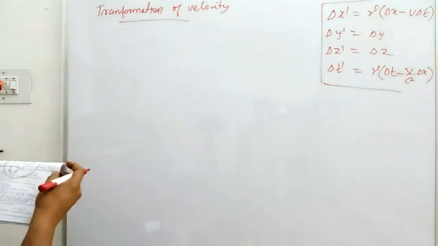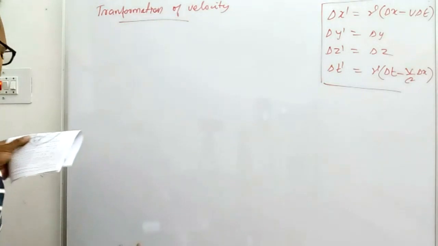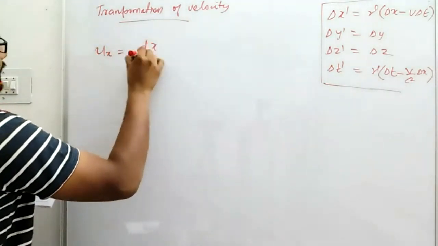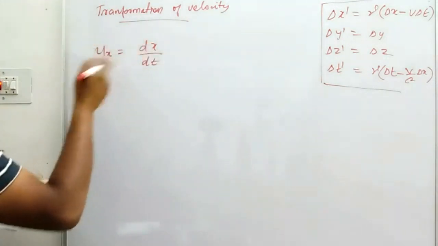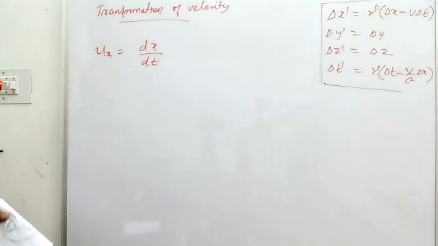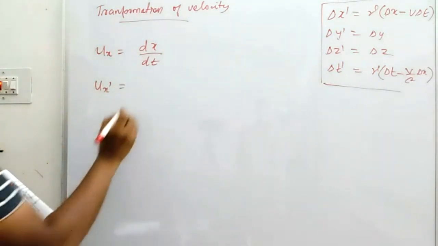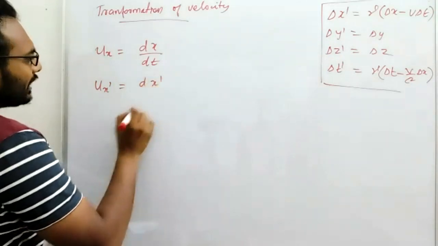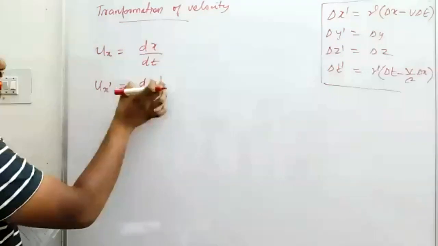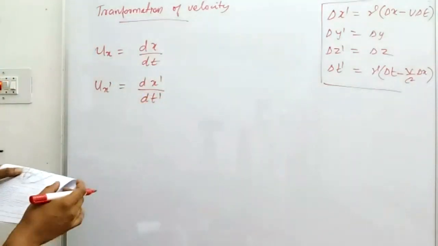In this case, you know that ux is equal to dx by dt in the S frame, the unprimed frame. Correspondingly, in the primed frame, ux prime is equal to dx prime divided by dt prime, the time elapsed when it travels a distance dx prime.